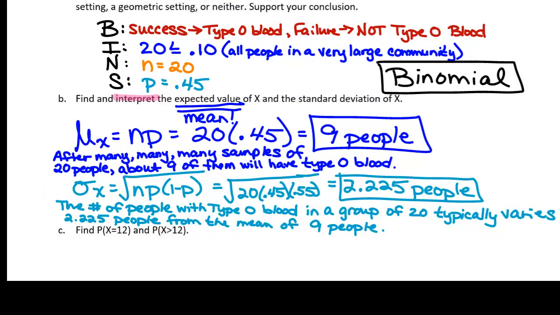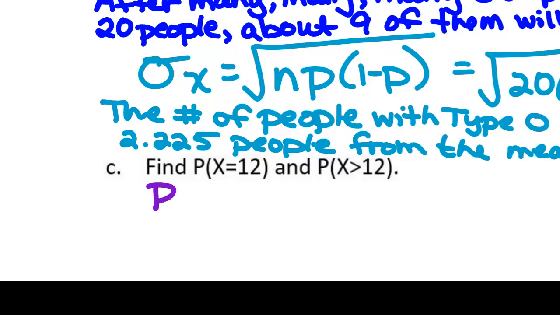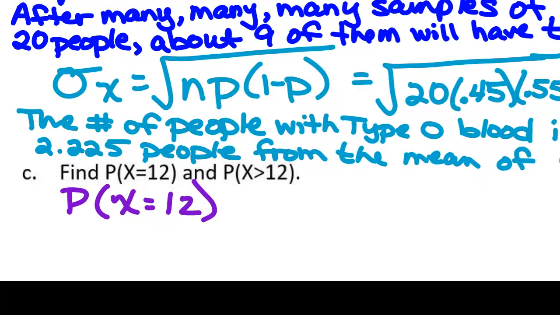Find the probability x equals 12 and the probability x is greater than 12. So the probability x equals 12. We're talking about a binomial random variable. So what comes right after my probability notation and my equal sign?